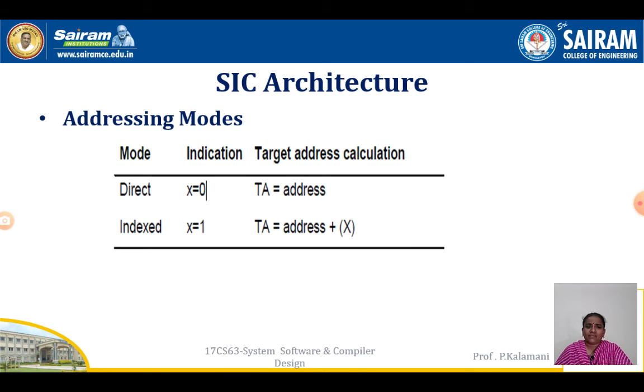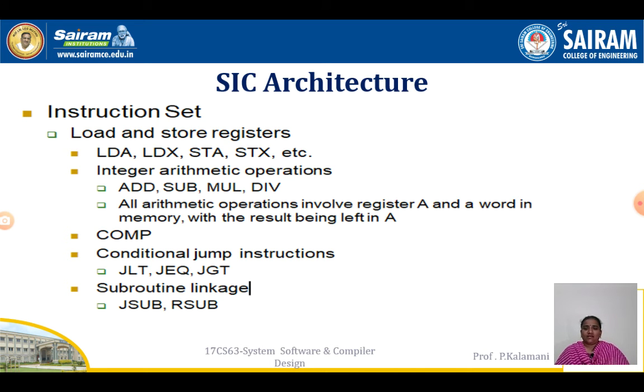Next we are having instruction set. In SIC, we are having different types of instructions, that is load and store instructions. We know that load accumulator, load index register, store accumulator, store index register, etc. Then there are arithmetic operation instructions, that is add, subtract, multiplication, division.